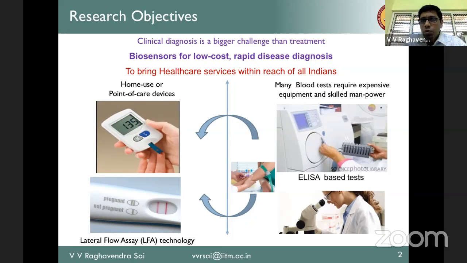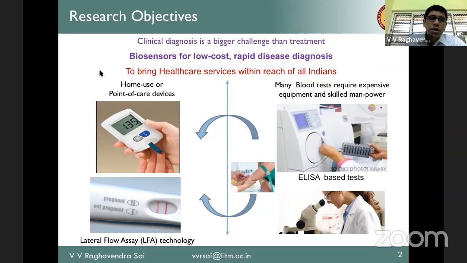Now, if you want to conduct some simple tests for a person sitting over there, for example, a person says he probably has some radiating pain in the left finger, left ring finger, or left small finger, you probably suspect that it's a symptom of myocardial infarction, but you really don't have a means to test it.